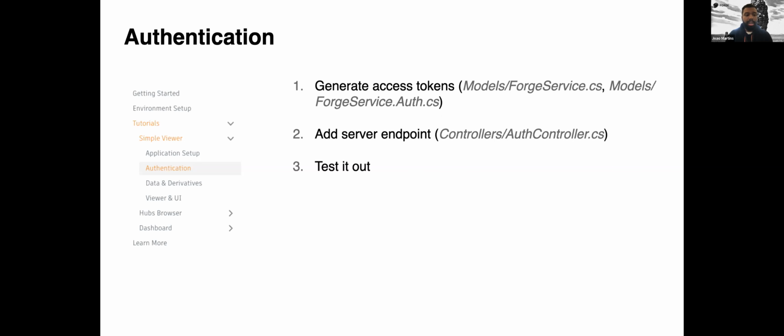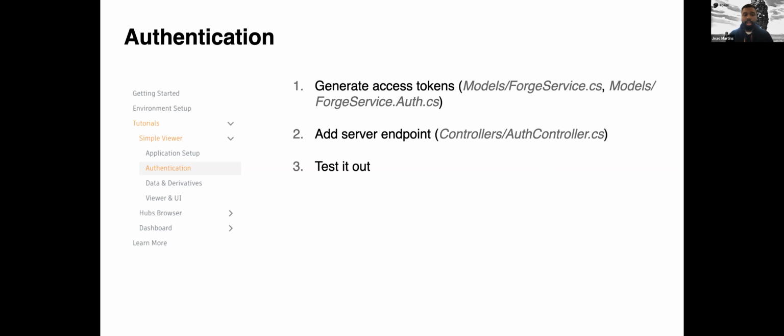In this sample, we'll have a class called forgeservices.cs. In this class, we'll handle our calls to Forge services, and for the controllers, in this case, we'll have an auth controller here. This controller will handle the calls from the client side. So the path is just like the diagram that I showed earlier.